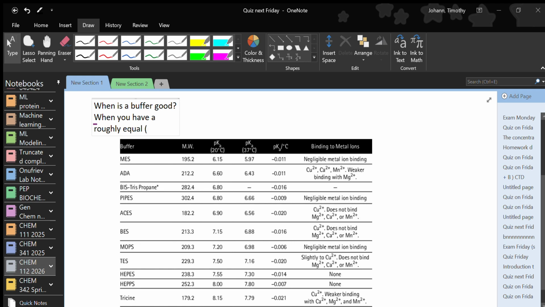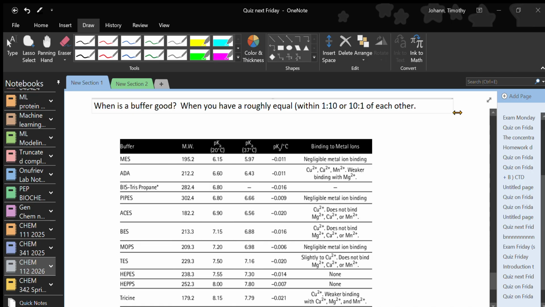And that roughly equal is within, what did we say yesterday? Within 10 to 1 or 1 to 10, whichever way you're thinking of it, of each other. And we've talked about where those ratios land. This corresponds to 1 pH unit from the pK. Know the math on that.